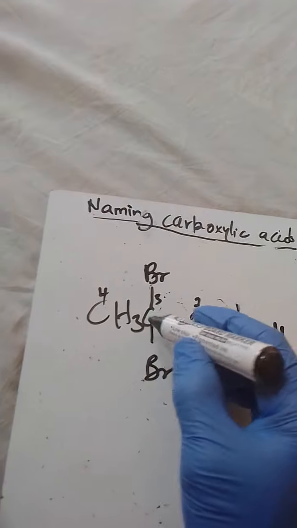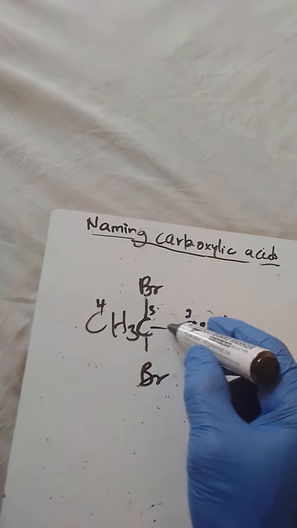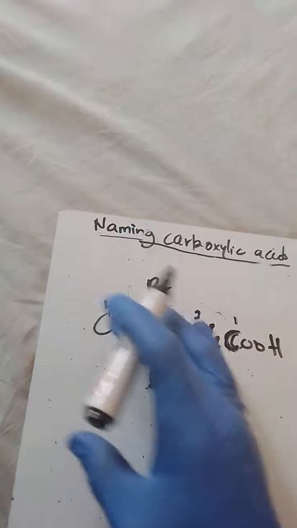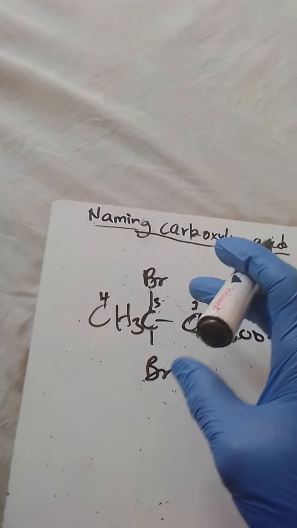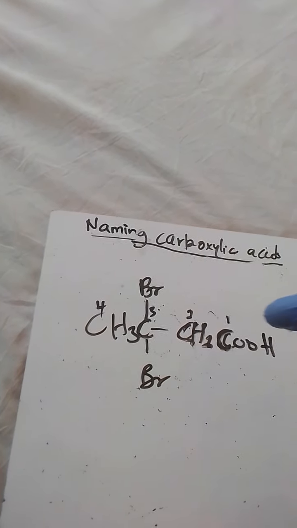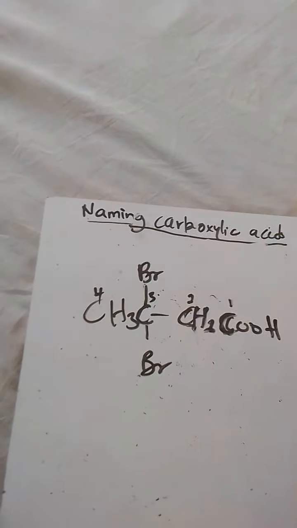You see, I drew the two bromines because this carbon can only take 4 bonds in all. So 1 bond here, 1 bond here, 1 bond here, 1 bond here. So in this case, you are going to show the position of the bromine here. Both bromines are found on the 3rd carbon.